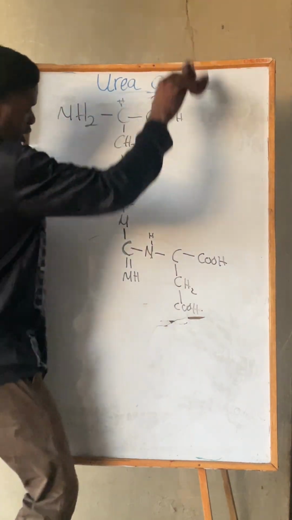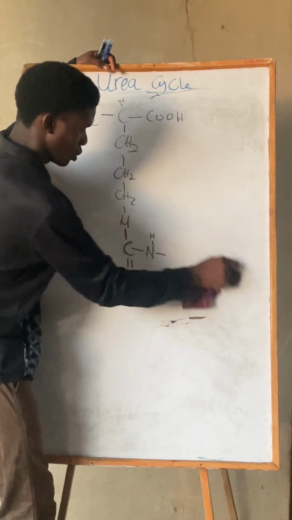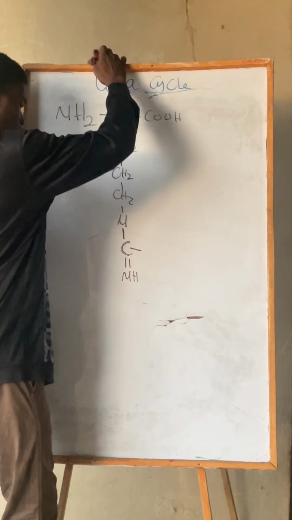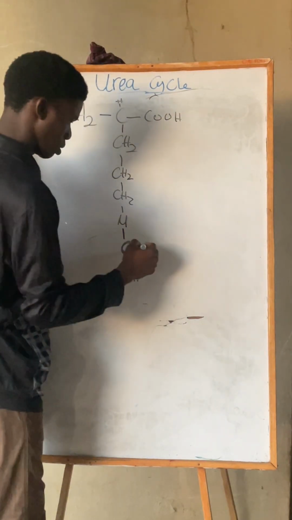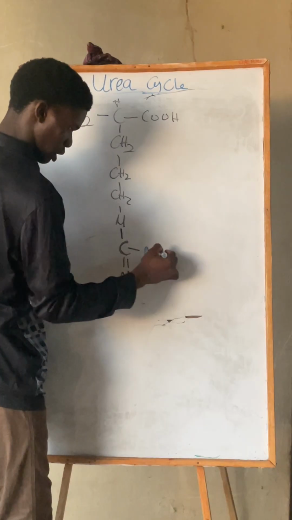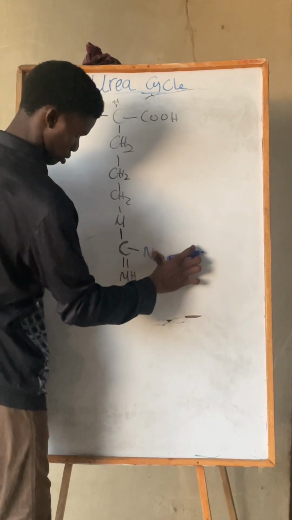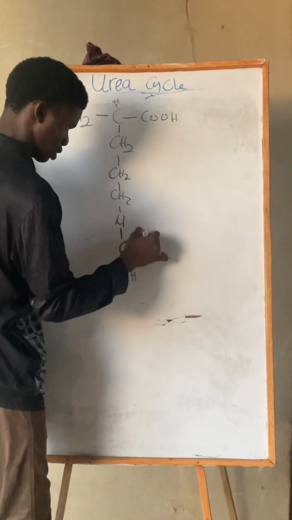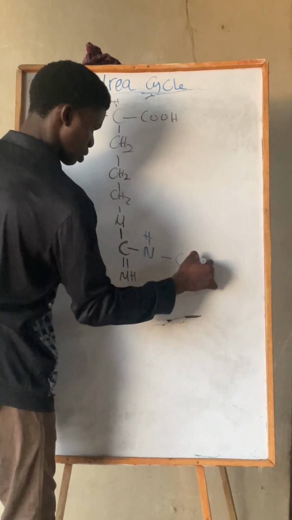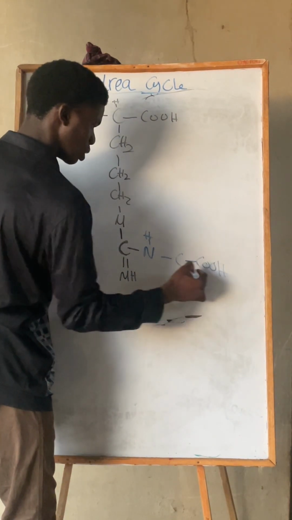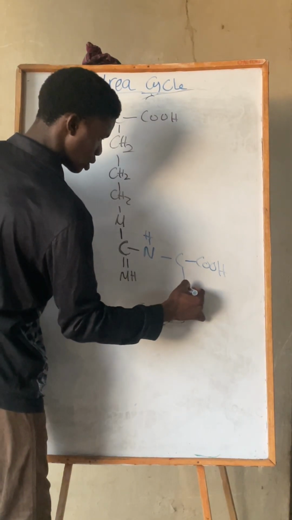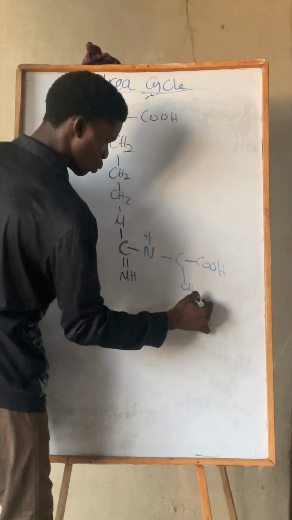But my bad. Let me use my blue marker to draw this. So NH. Let me put it at the top so that you will see the bond. NH, C, COOH, and CH2COOH.